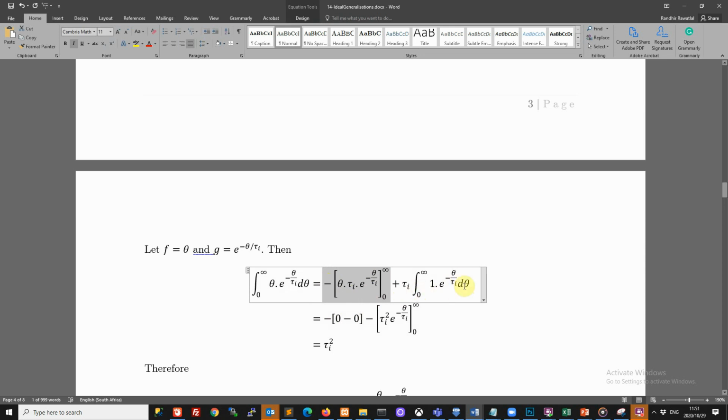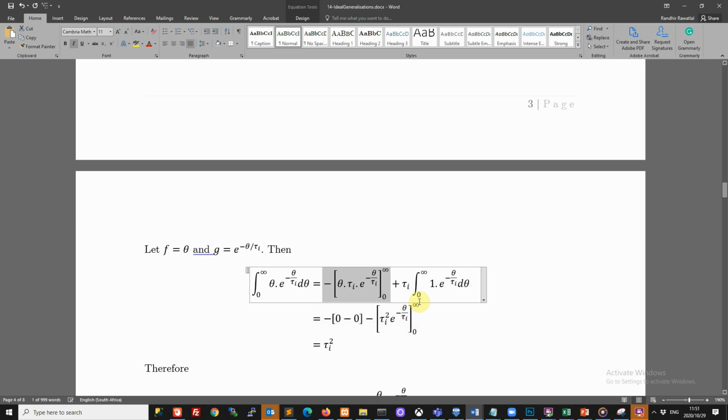And if we integrate this, again, we are going to have another minus tau I times this. So minus tau I times this is going to give us minus tau I squared, and then e to the minus theta over tau I. So that's our integration here, and we go between the limits 0 to infinity.